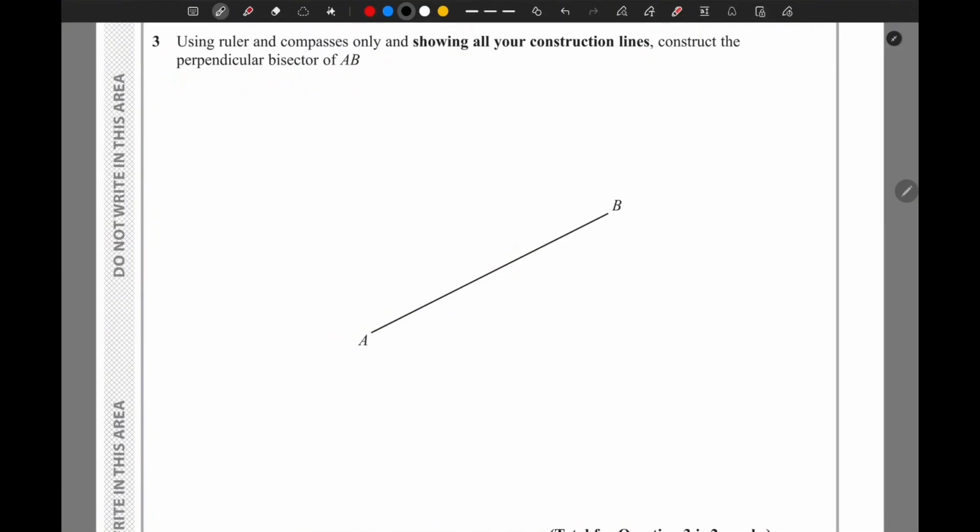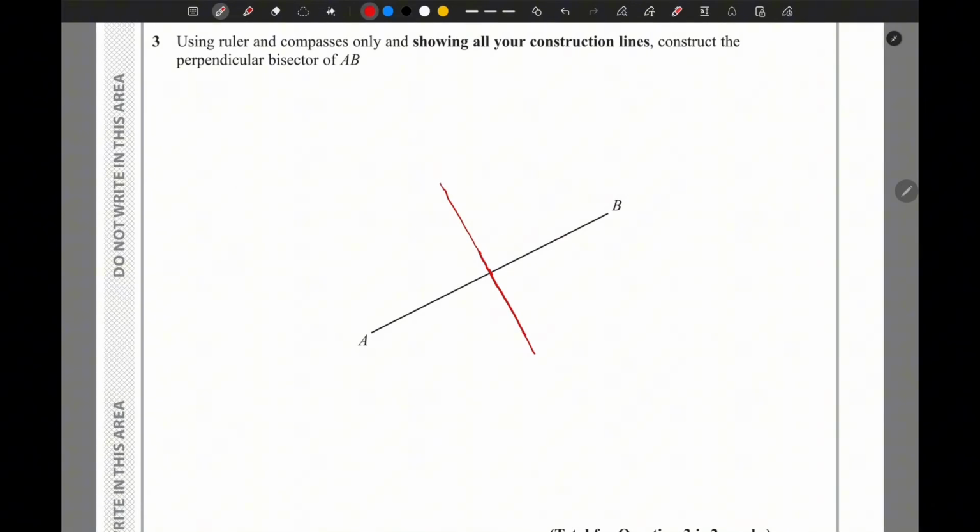Now for the next question, you actually need a ruler and a compass. Since I do not have a ruler and a compass, I will just give you an overview of how the perpendicular bisector will look. The perpendicular bisector will go through the very midpoint of this line, and it will go perpendicularly, which means it will be 90 degrees to the original line.